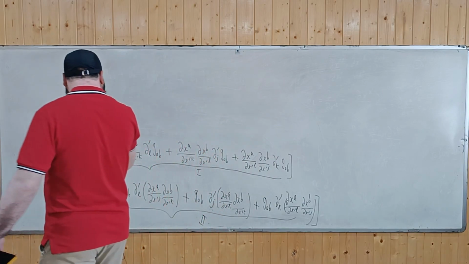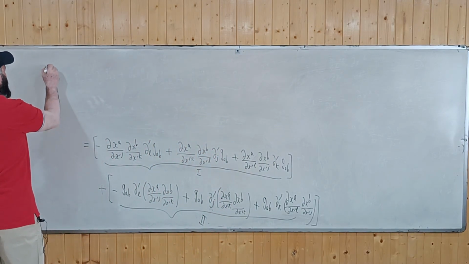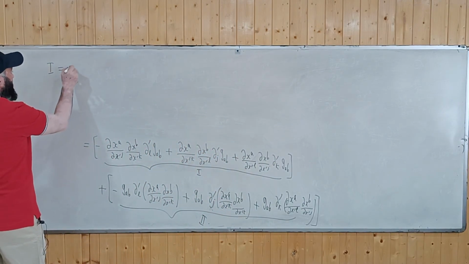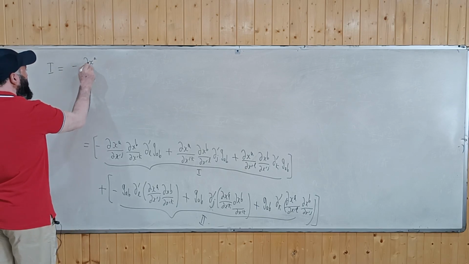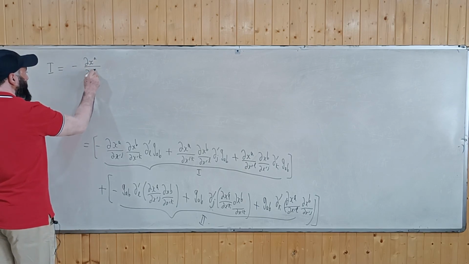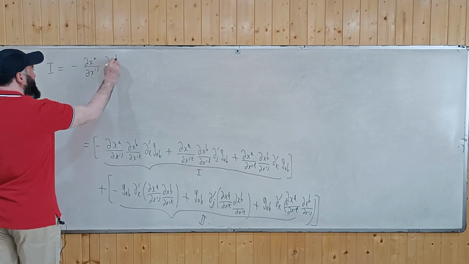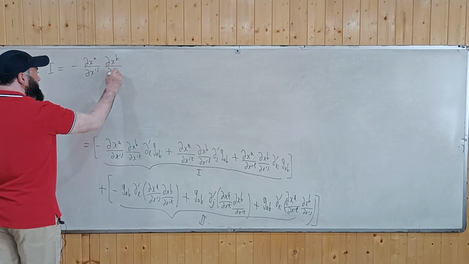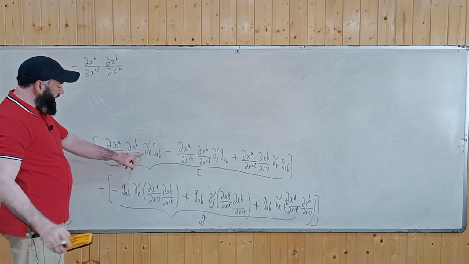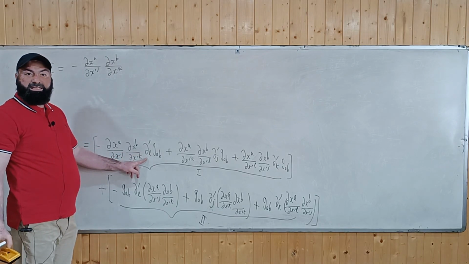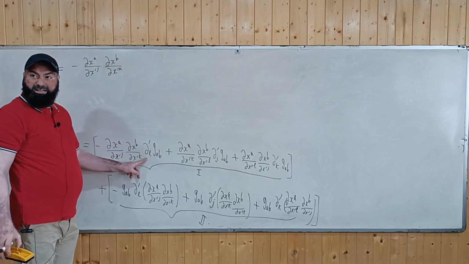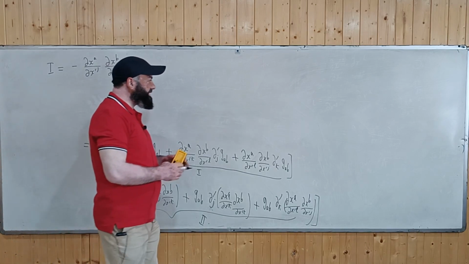Okay, so let's look at these terms. So 1 is equal to minus partial xa by partial x prime j. Then you are having partial xb by partial x prime k. Now tell me how this partial prime L will transform. Anybody? One minute.